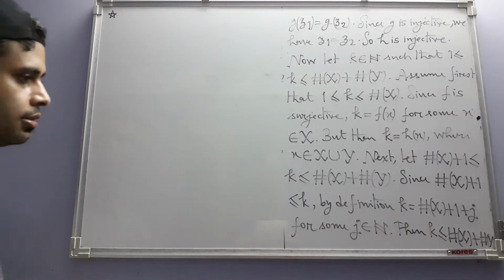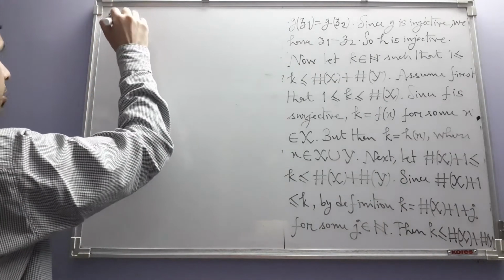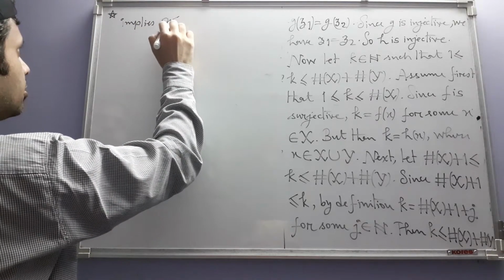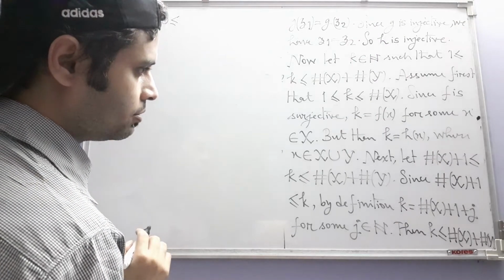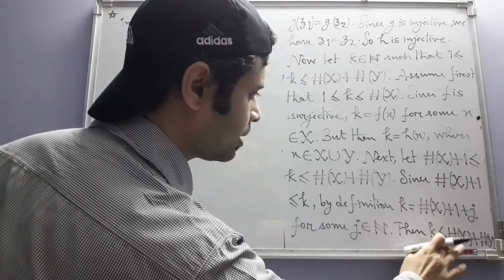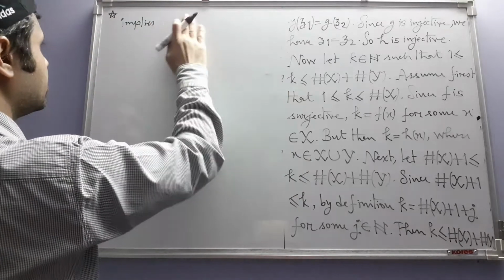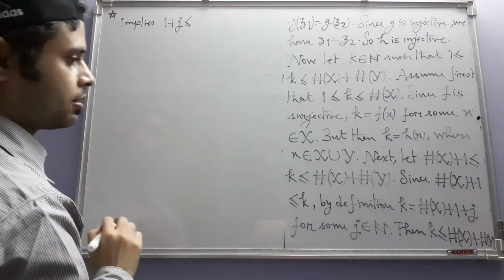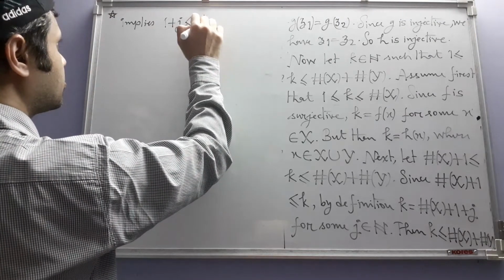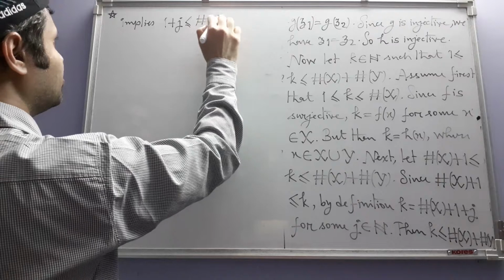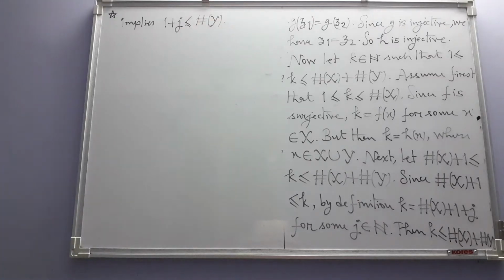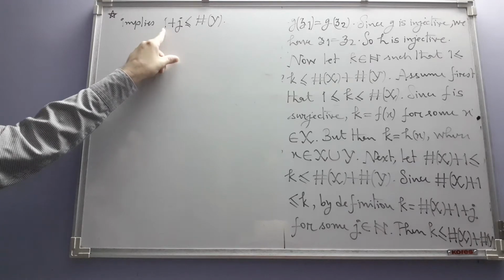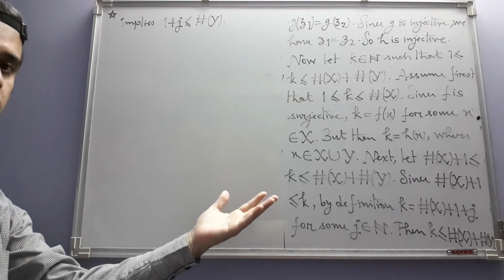Then this inequality implies, if I cancel these two things, 1 plus J is less than or equal to cardinality of Y. Now since J is a natural number, whatever it is, 1 plus J is always greater than or equal to 1.